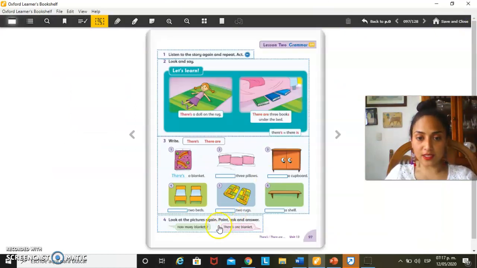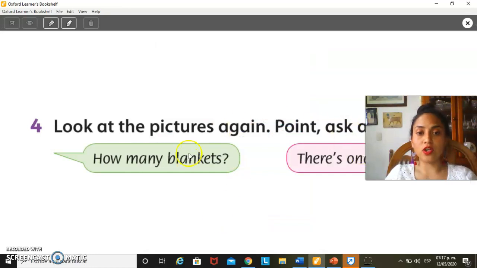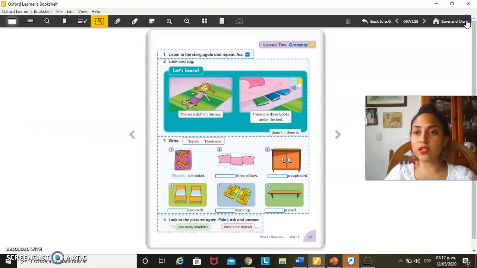And finally, in exercise number 4, you are going to look at the pictures here and say, how many blankets, for example, and you're going to say, there's 1 blanket. Or for example, in number 2, how many pillows? Or you can say, how many pillows are there? And there are 3 pillows. And then you continue with the other drawings, okay?